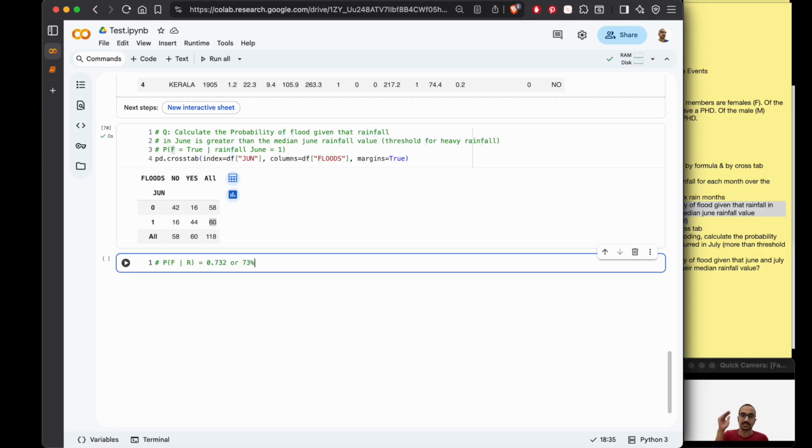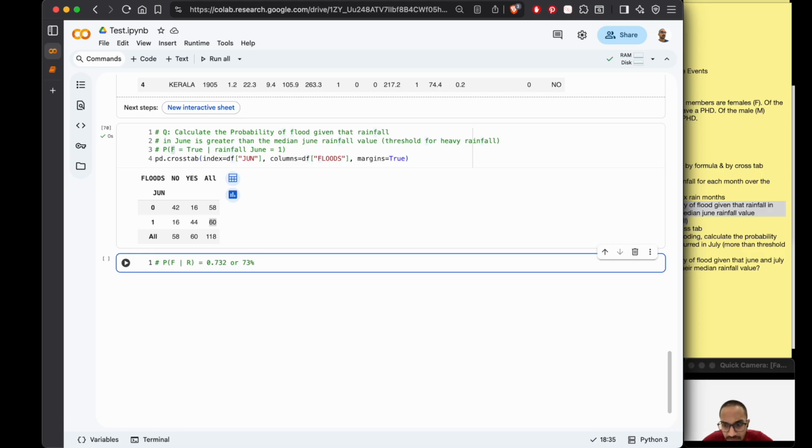There's a 73% chance that this can happen given the June rainfall. 73% chance that floods can happen given the June month rainfall exceeded the median value. So that's how you solve this question.